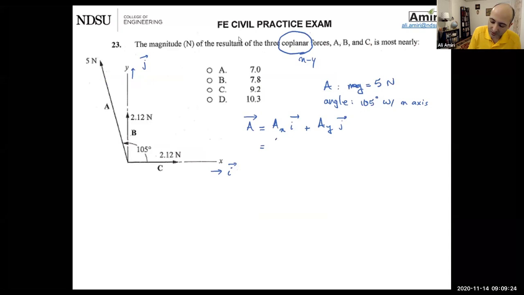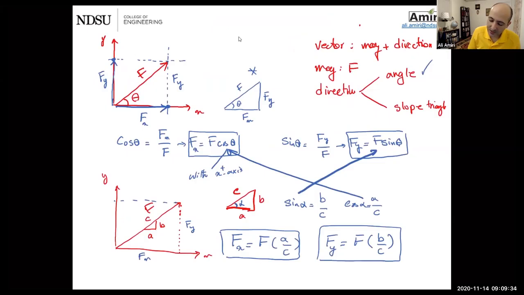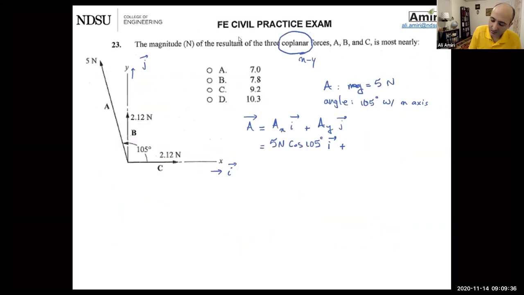So F, which is 5 newtons, cosine 105, I. Fy was F sine of that angle. Again, 5 newtons, sine 105, J. Okay, that's my vector A.